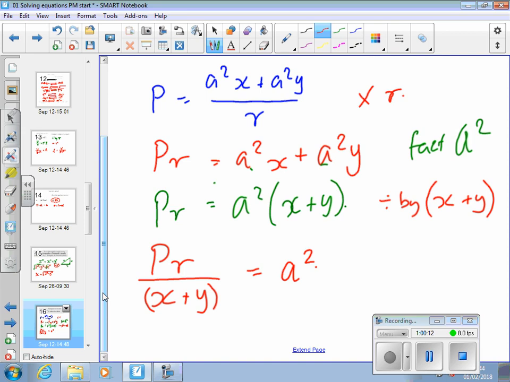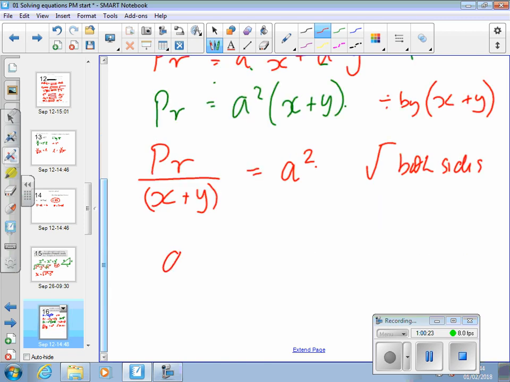And now you have to square root it. Square root of both sides, we end up with a is equal to the square root of all of that side, p times r over x plus y.